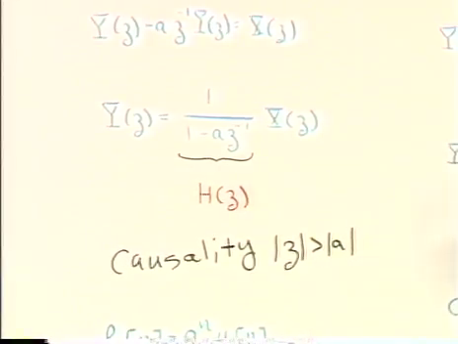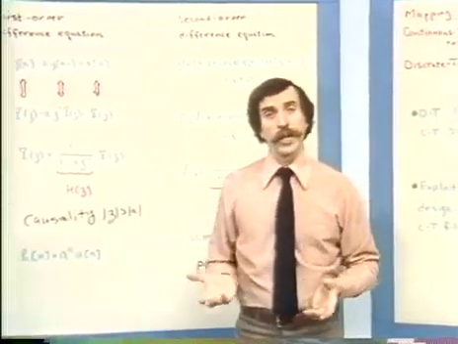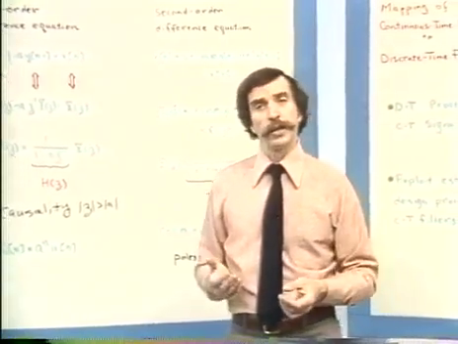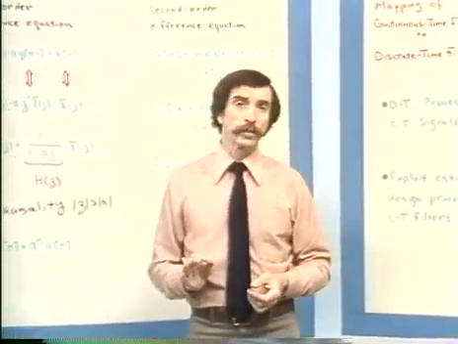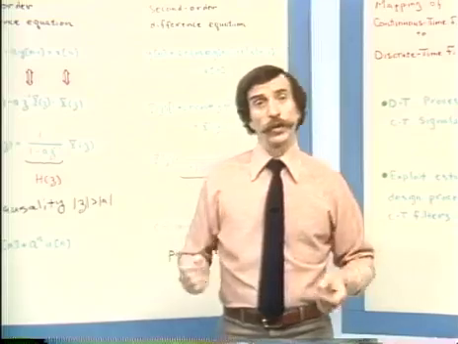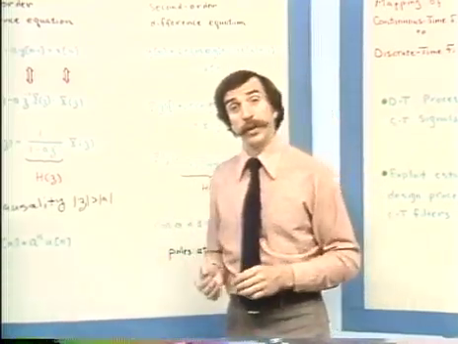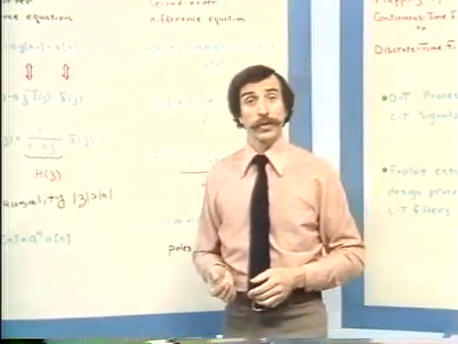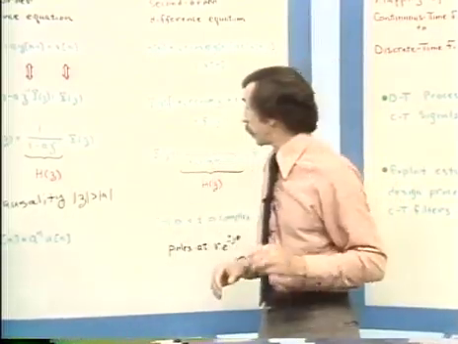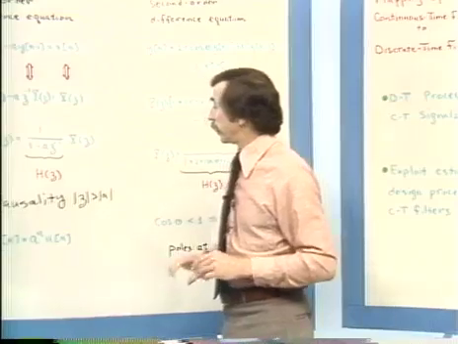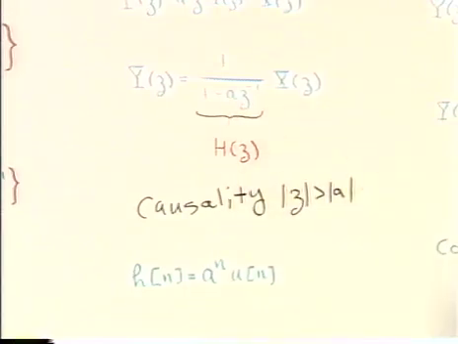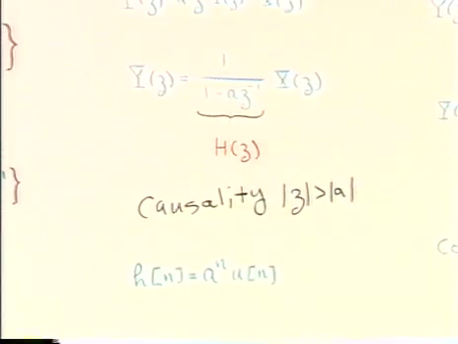You might think about whether I would get the same condition if I required instead that the system be stable. Furthermore, you could think about whether I could impose on this system that it be both stable and causal. The real issue is that the answer to those questions relates to whether the magnitude of a is less than 1 or greater than 1.